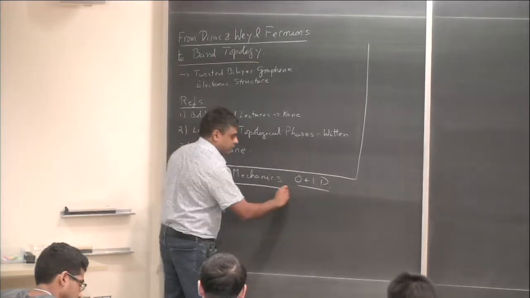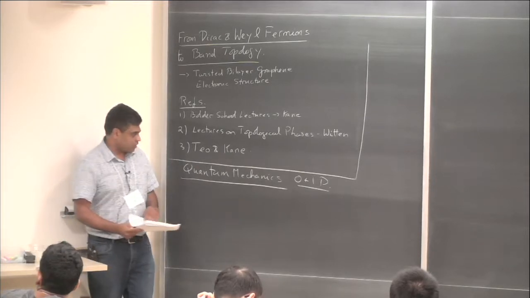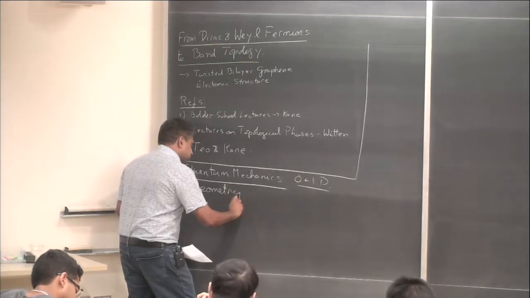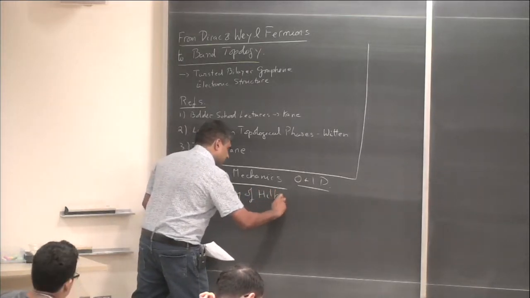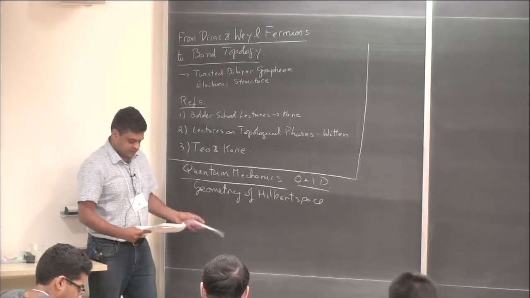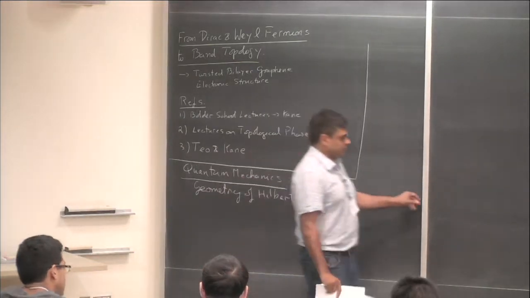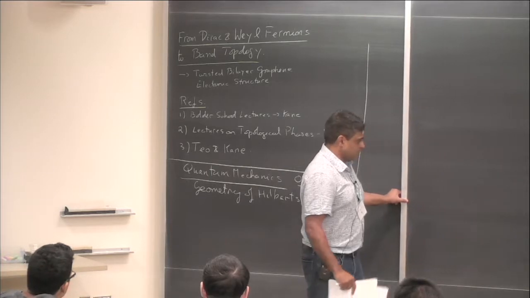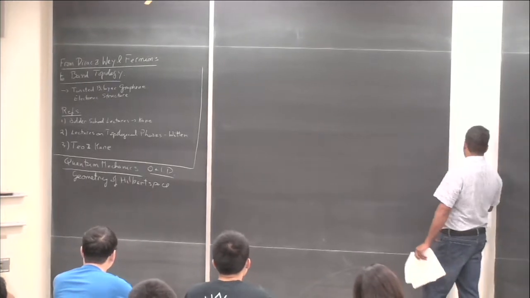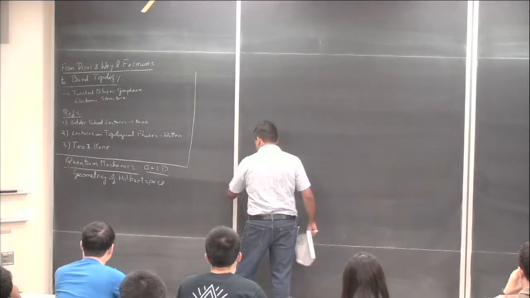Just to make sure we're all on the same page about a few elementary facts about the geometry, if you like, the geometry of quantum mechanics, and some simple notions about quantum systems that will appear in disguise when we talk about higher dimensional band structures.